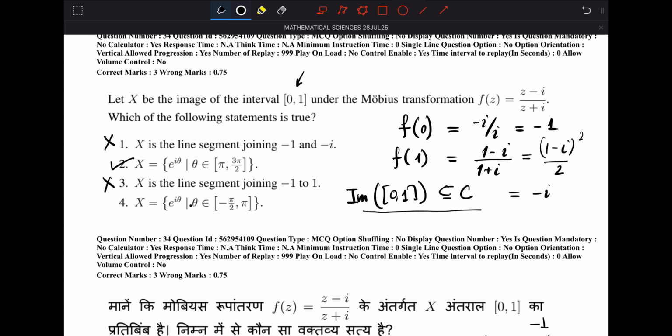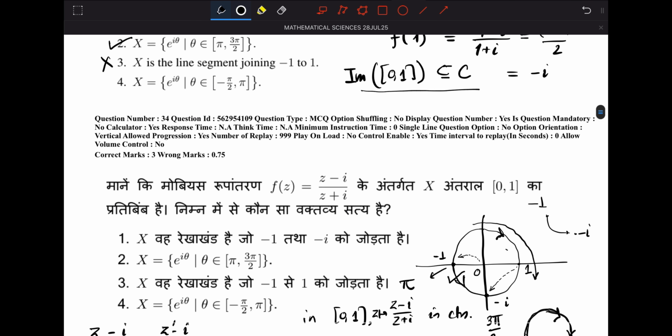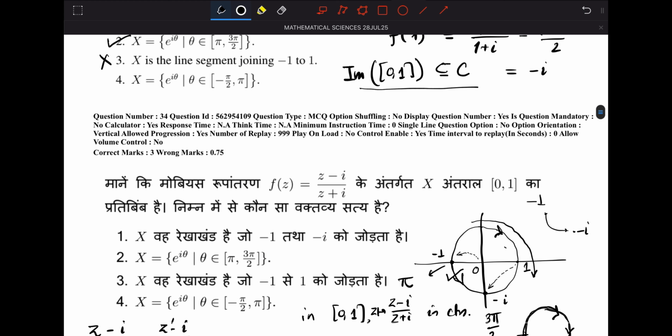X equal to e to the power i theta, theta belongs to minus pi by 2 to pi, this is also not correct, because we showed 1 is not inside the image, so this arc is not the image.